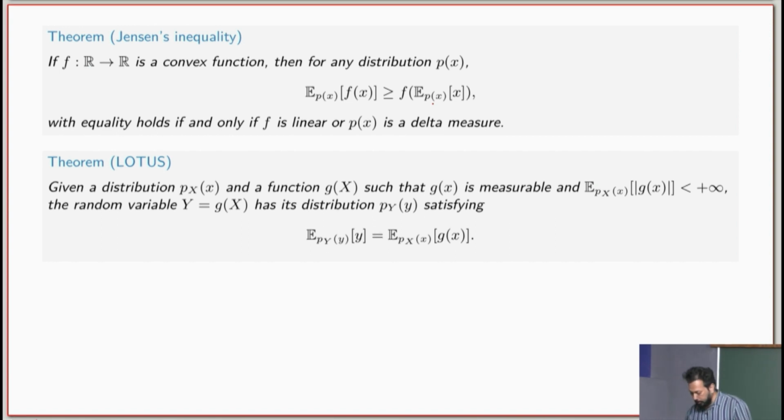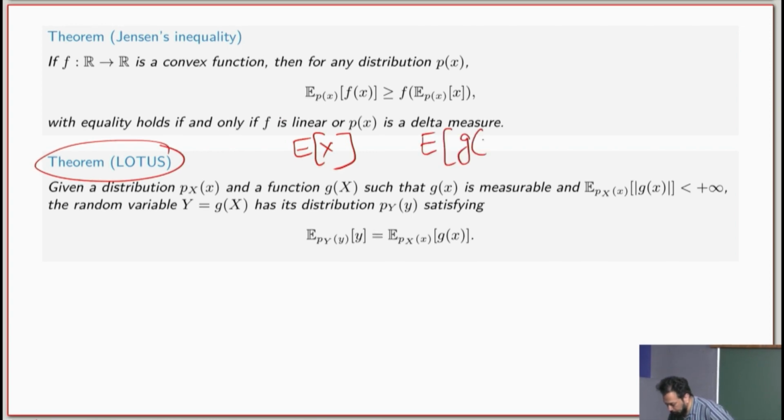And we also recall LOTUS from the probability class in the first two classes that we had. LOTUS is very simple. It is a way to compute the expectation of a function of a random variable. So the expectation of a random variable as such is given like this, but what if x was modified to g(x)? How do you compute the expectation of g(x), where g is some function?